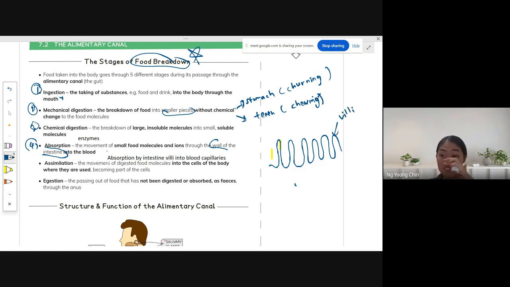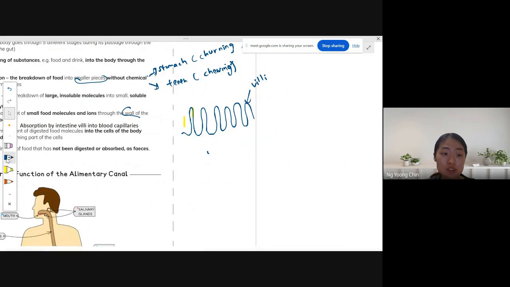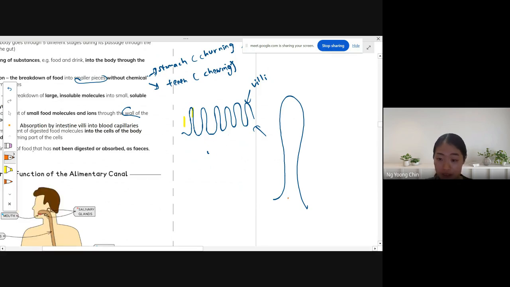Villi is spelled with a double L. Inside the villi, they actually contain two structures. Maybe when I enlarge the image, you can see the villi appear this way. The middle part has a structure like this.